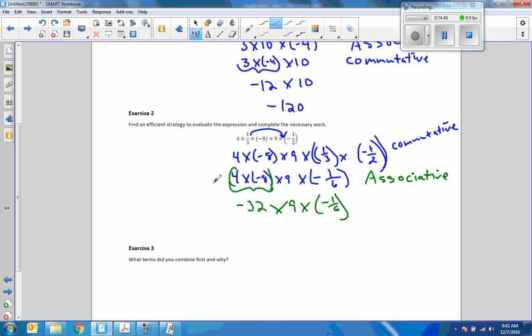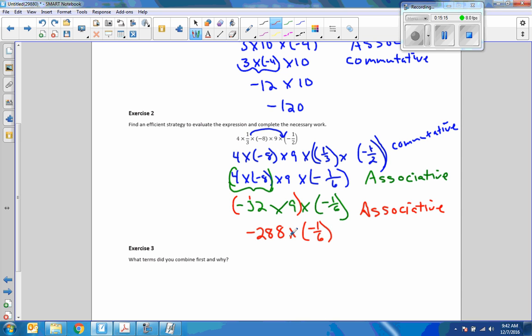Okay, and moving right along, I'm now going to group these two integers. 9 times 2 is 18, carry the 1. 9 times 3 is 27, plus that 1 is 28. Negative times a positive is negative. And I'm multiplying by negative 1/6. That was also the associative property of multiplication, to be exact.